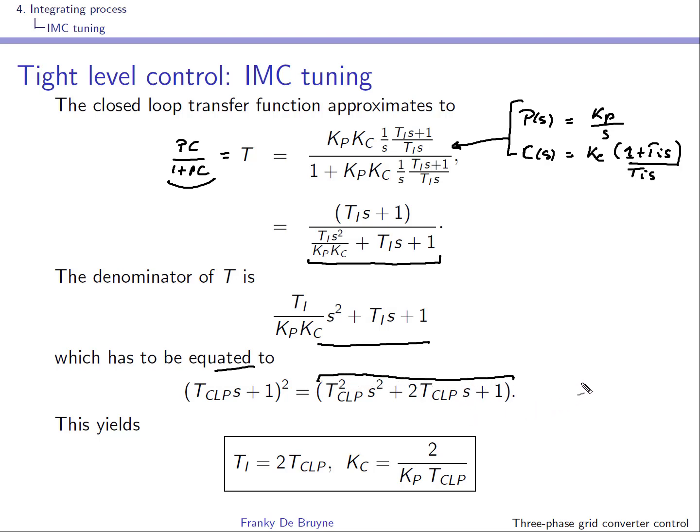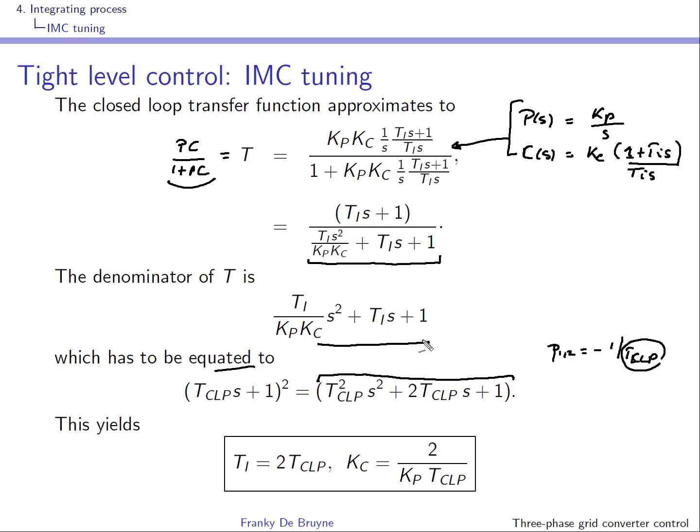This is to impose two poles, P1,2, equal to minus 1 over TCLP, and this parameter is going to be our design parameter. This is the desired closed loop constant that we need for our, for instance, current loop or voltage loop, or in our PLL, because this IMC tuning will be used 3 times.